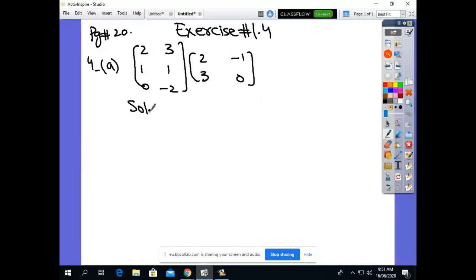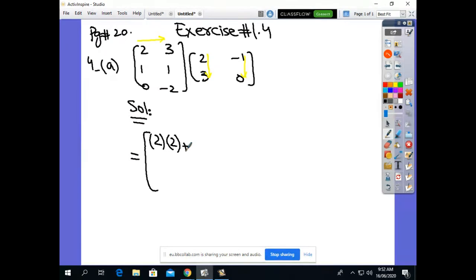How we multiply these two matrices? We multiply the first row with both columns, first column and second column of the second matrix. Therefore, we have 2 is multiplied with the first element of the column, 2.